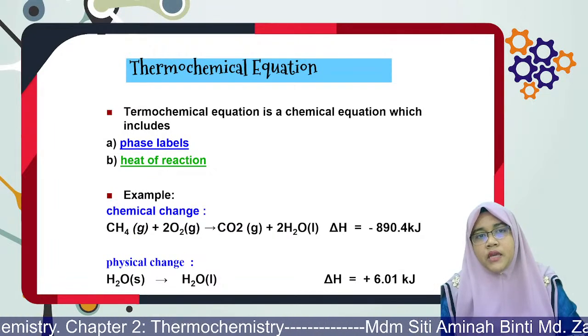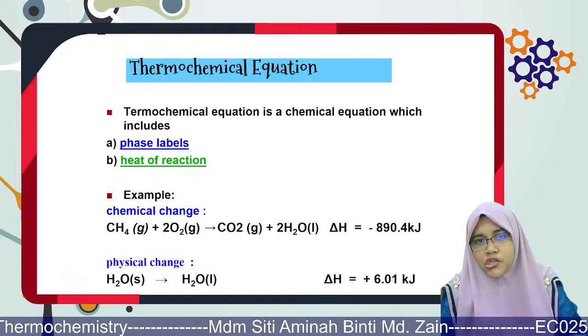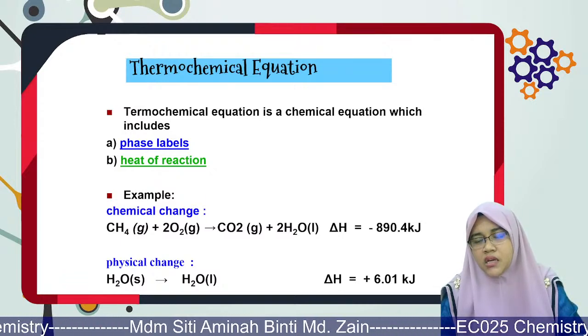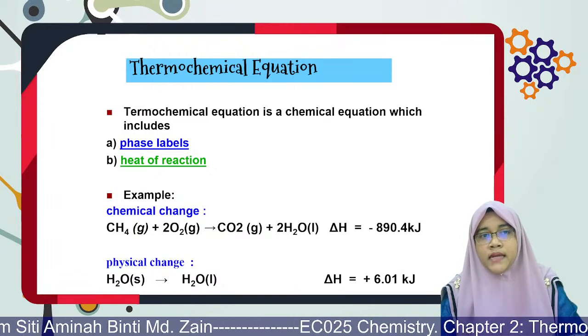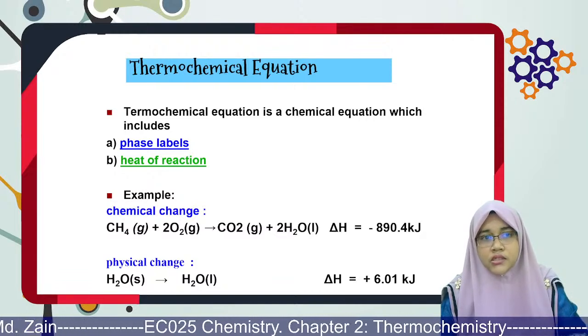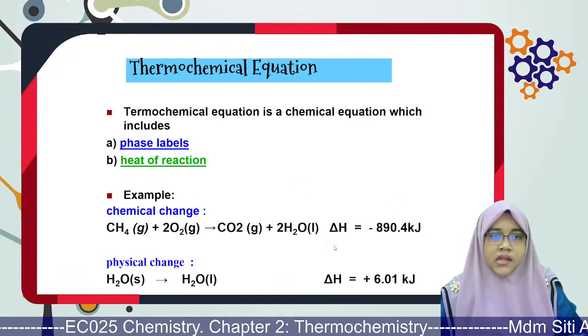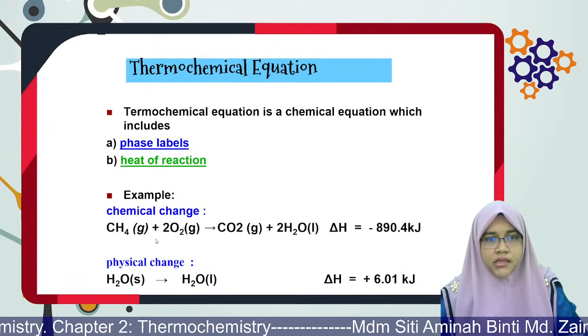Alright, thermochemical equation. A thermochemical equation is a chemical equation where you must include the phase labels and you must include the delta H, the heat of reaction. So for example, we have enthalpy of combustion here.